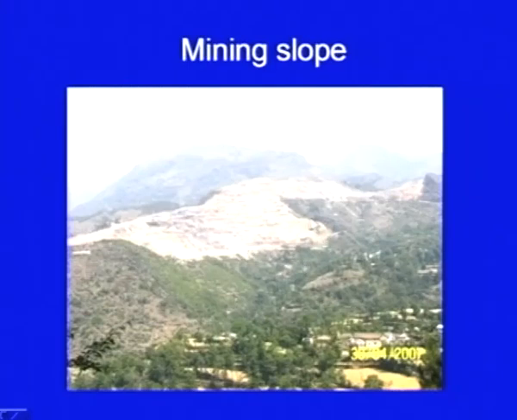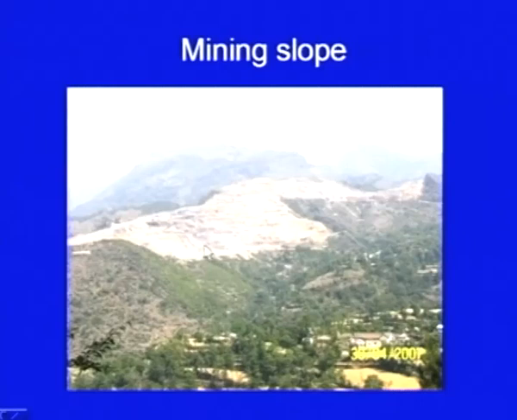You can see that this entire hill is being cut and the ore is being extracted. Here there are benches, there are slopes, there is a particular sequence of excavation.